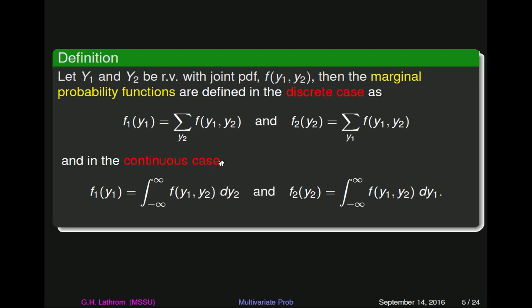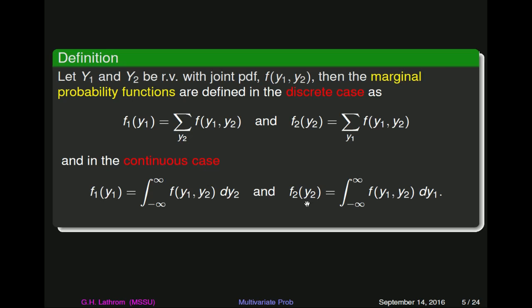Likewise, in the continuous case, if we want the marginal probability function for y sub 1, so little f sub 1 of y sub 1, then we will integrate from minus infinity to infinity, so we're integrating over all possible values of y sub 2 of our PDF.